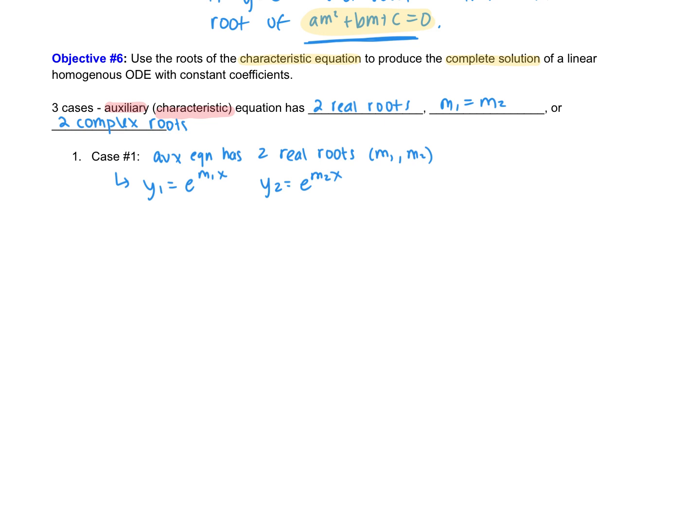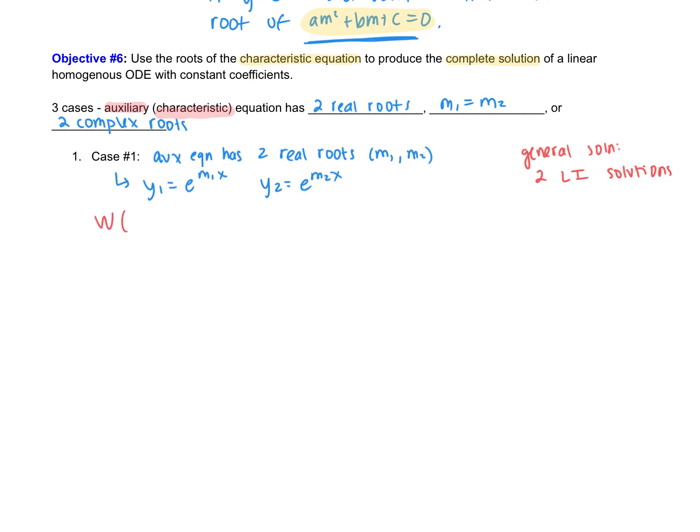Our goal is to form the complete solution, or the general solution. Remember, for a general solution, because this is second order, we are going to need two linearly independent solutions.